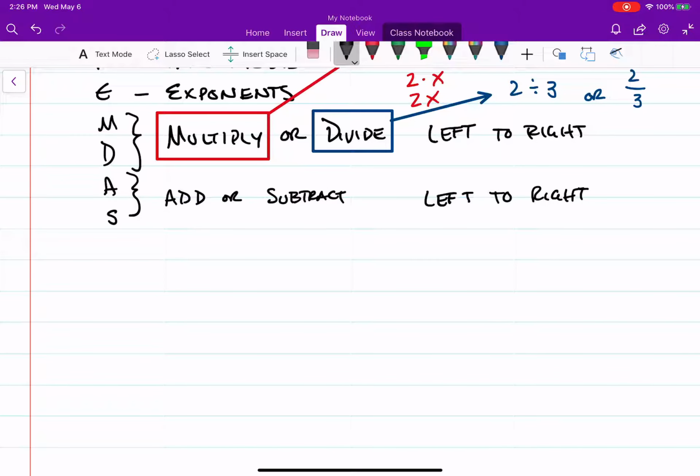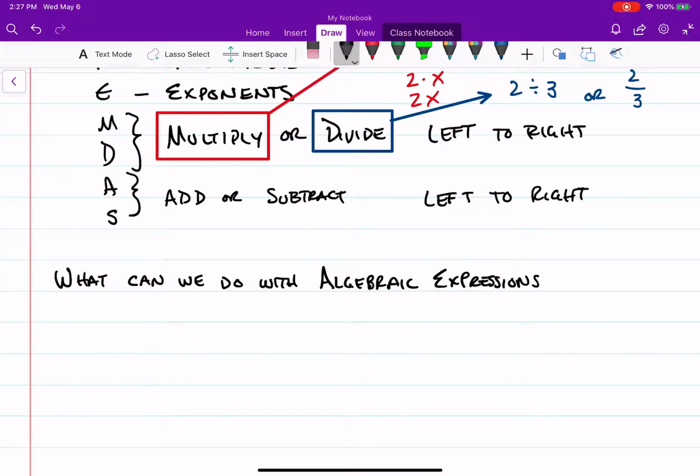So what can we do with algebraic expressions? That's the question. Well, there are several things that we can do.